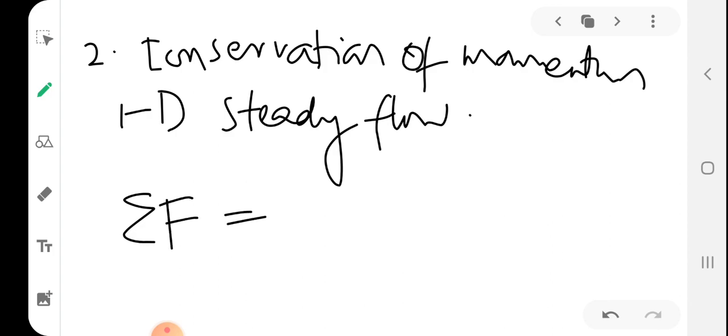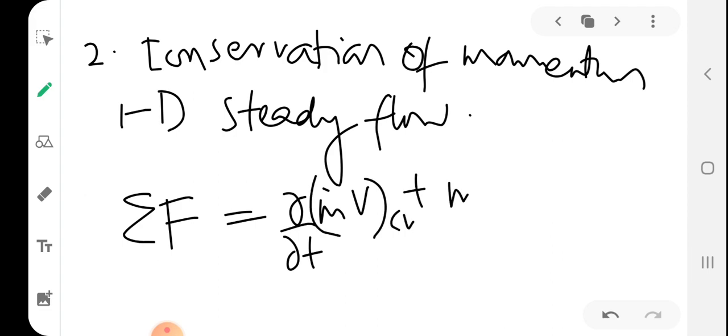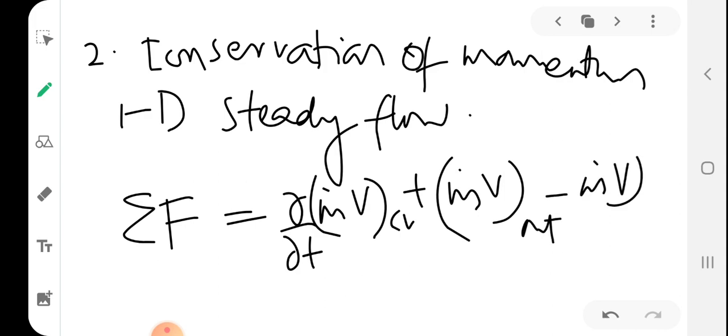Summation of force will be equal to, actually, it should have been dou by dou t of m dot v over the control volume plus m dot v out minus m dot v in. This would have been the actual conservation of momentum equation if it was a general, that is unsteady, flow. Since this is a steady flow, we can cancel this dou by dou t.